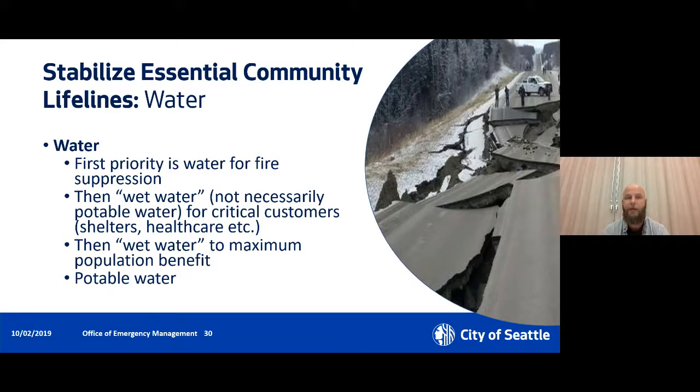So how can we start getting some level of water service out to the broader community? Not necessarily potable water that you can take right out of the faucet and drink. We may need to have messaging about the need to boil water, to disinfect water some other way, but at least getting water out there so it is there. And then the last priority is really that potable water. So ultimately, we want to get to where everyone has access to drinkable water, but we know there's going to be phases in getting to that.